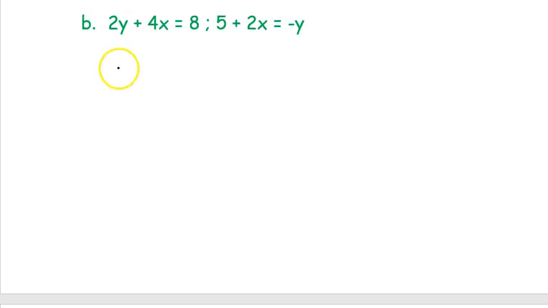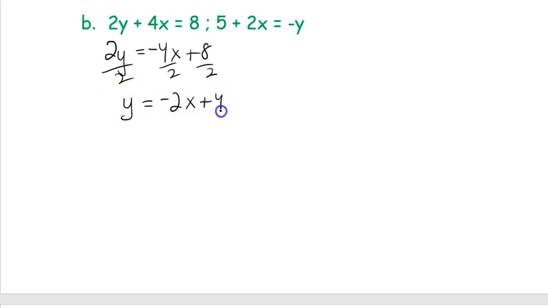Okay, for example B, again, I've got to get it in y equals mx plus b form. So in the first one, I'm going to subtract 4x to the other side. So I have negative 4x plus 8. Then I'm going to divide by 2. So I get y equals negative 2x plus 4.